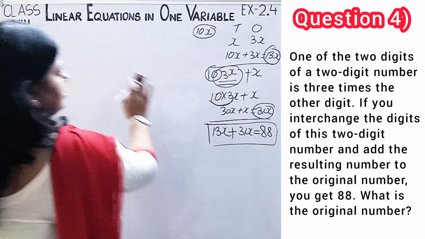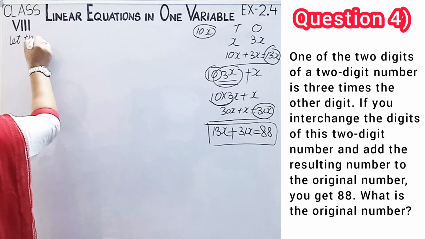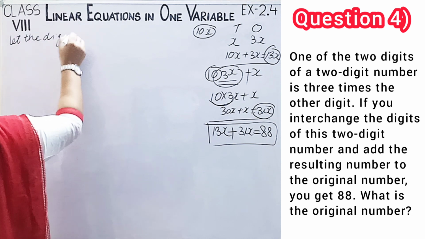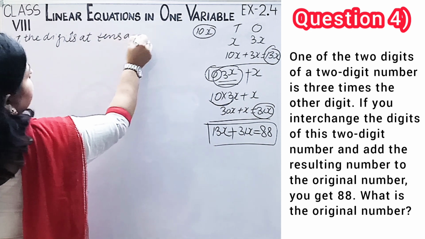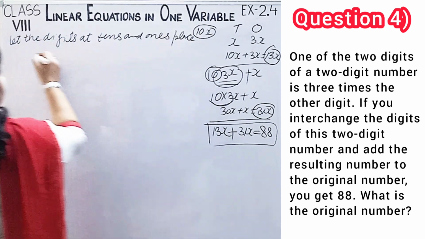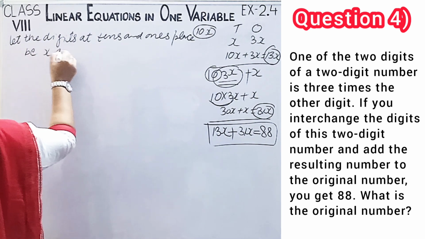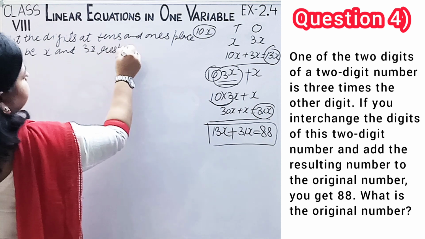So now coming to the statement part. Let the digits at tens and ones place be x and 3x respectively.